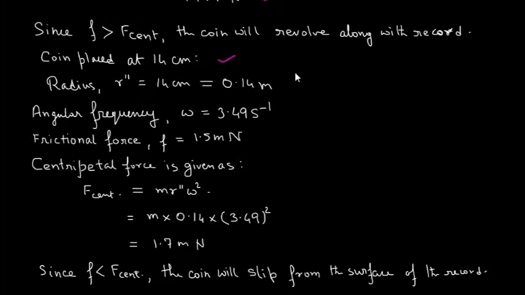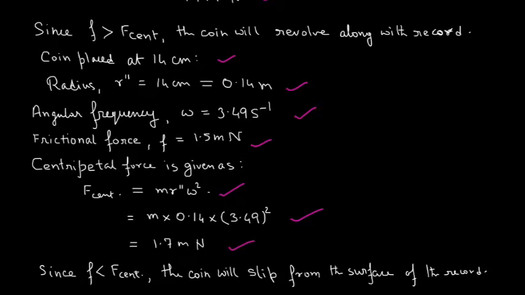Coin placed at 14 centimeter. Radius r double dash is equal to 14 centimeter, that is 0.14 meter. Angular frequency omega is equal to 3.49 per second. Friction force F is equal to 1.5 m Newton. Centripetal force is given by F centripetal is m r double dash omega square, m into 0.14 into 3.49 square, that is 1.7 m Newton.